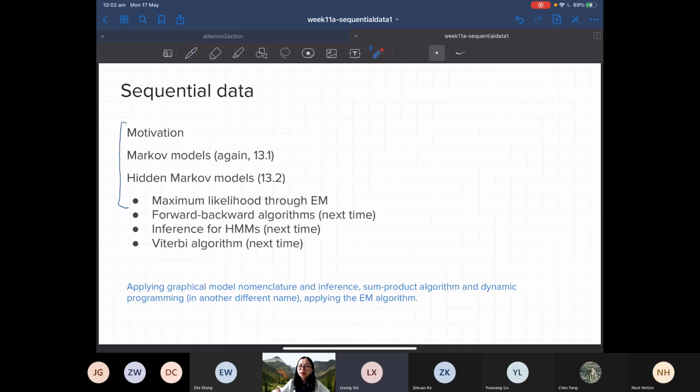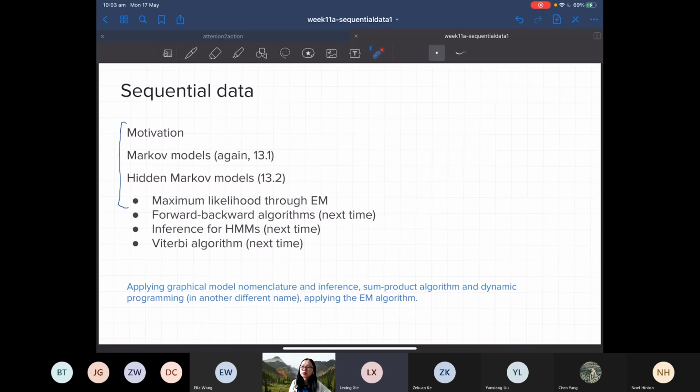The meta take-home message for sequential data is that so far we have encountered data that are all IID. It's good to have exposure to at least one example of richer data structure so that once you encounter sequences or graphs or trees, you would have done it once, right?